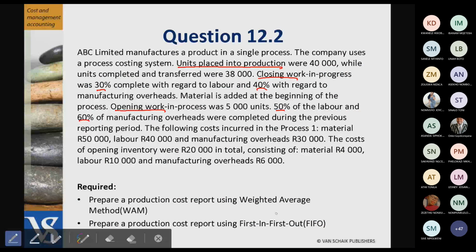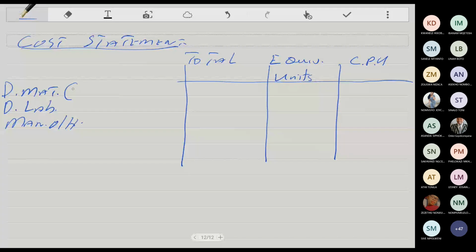So these are the costs, and we will merge these costs. For your material, in the opening I've got 4,000, plus the current cost of process one of 50,000.